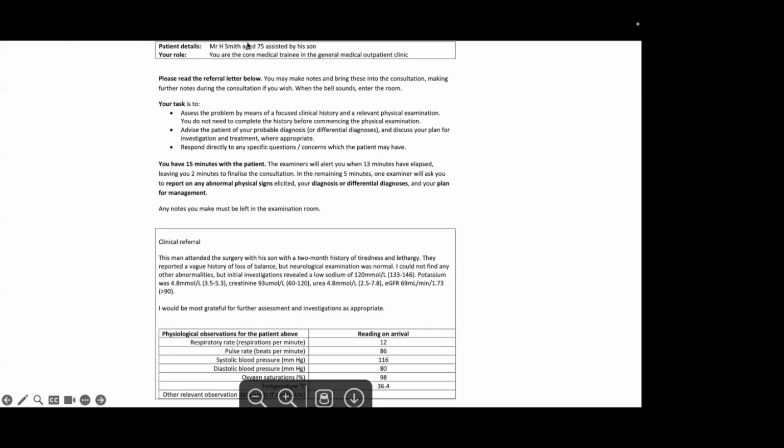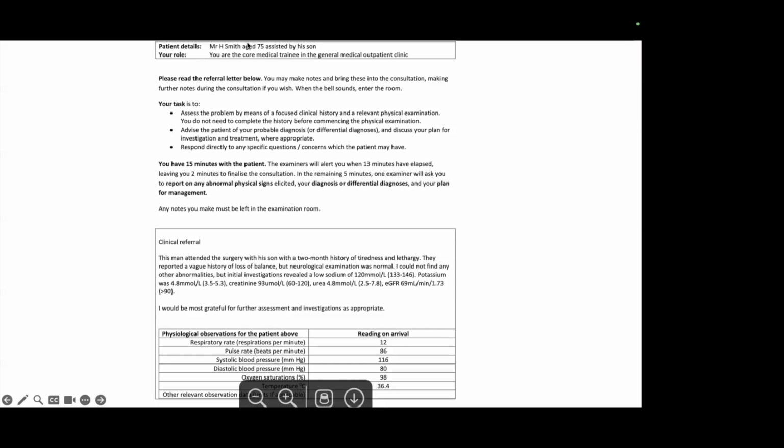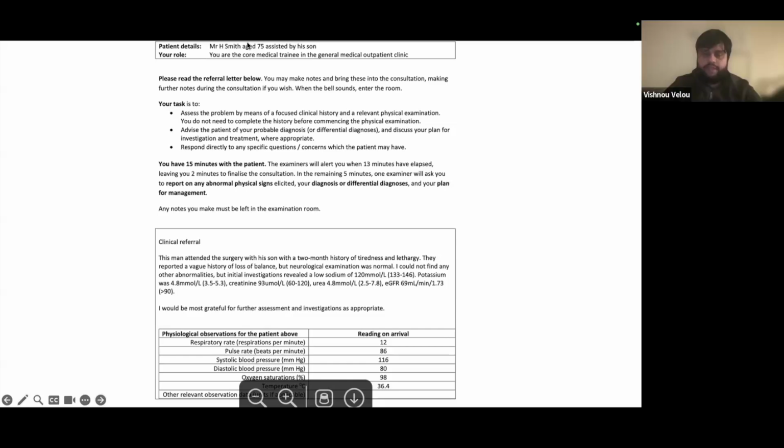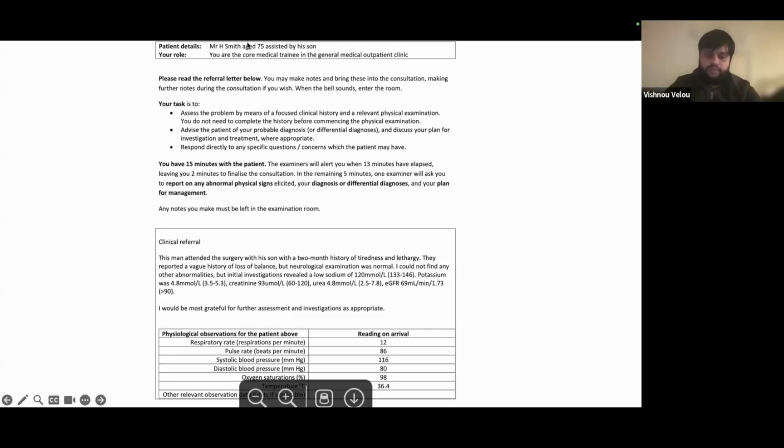His hands are warm and well perfused. Any signs of clubbing? No signs of clubbing. His heart rate is regular at 86 beats per minute. He's not got an elevated JVP. His chest is clear, and he has no peripheral edema. His heart sounds are 1 and 2 with no additional heart murmurs.